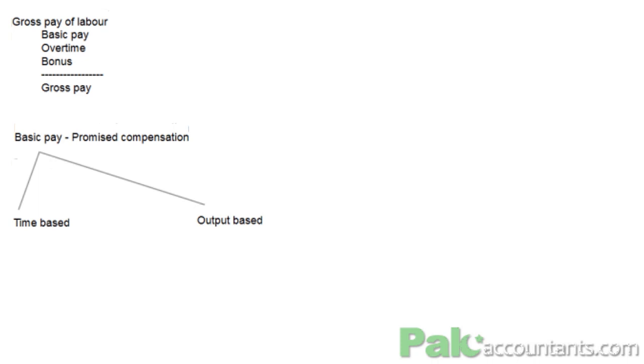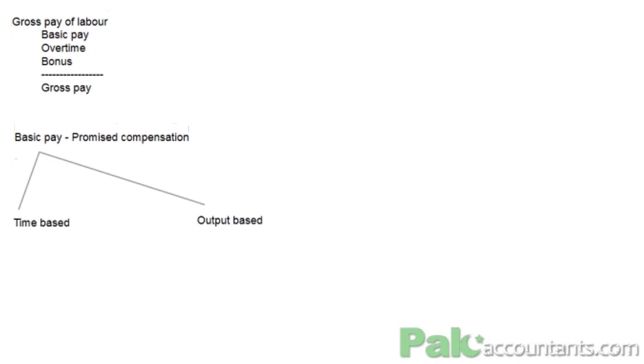In that, how much time you have spent actually producing something is most of the time not taken care of, but yes, we do have techniques to calculate the effective time for your compensation, but again it will be time based.